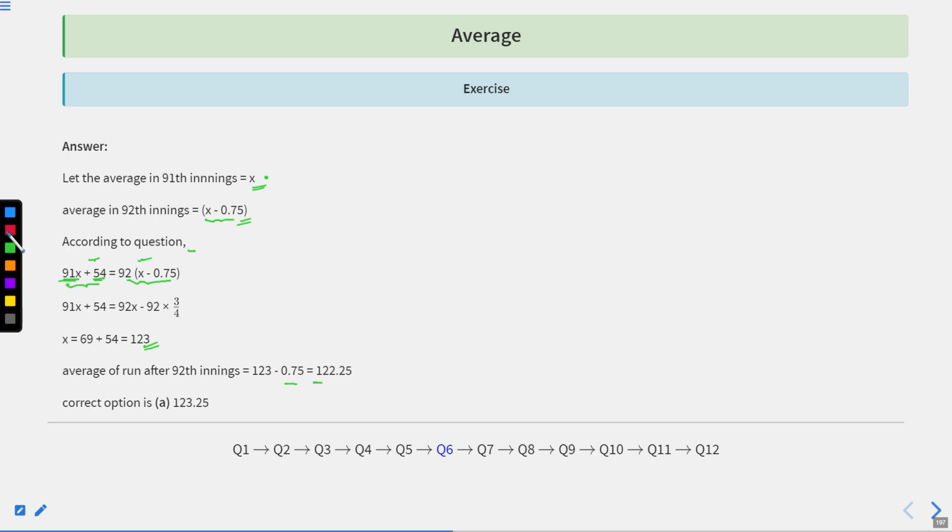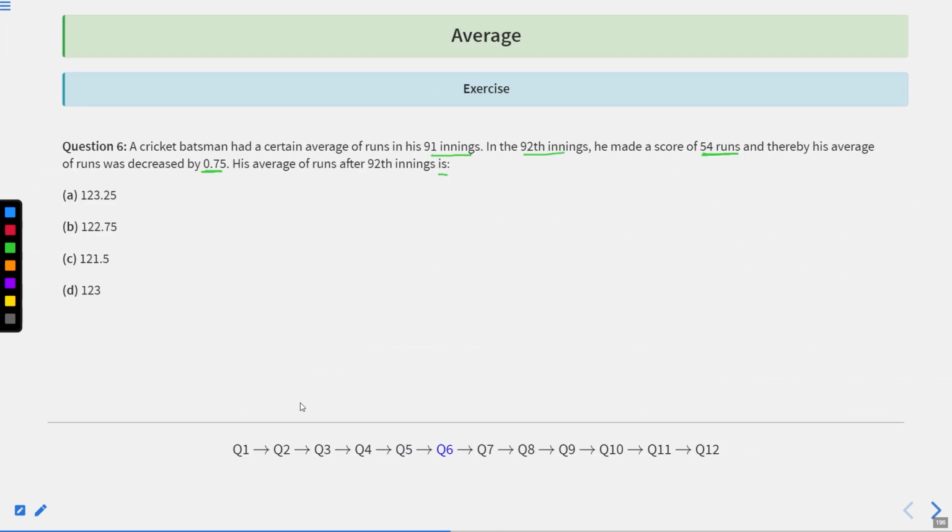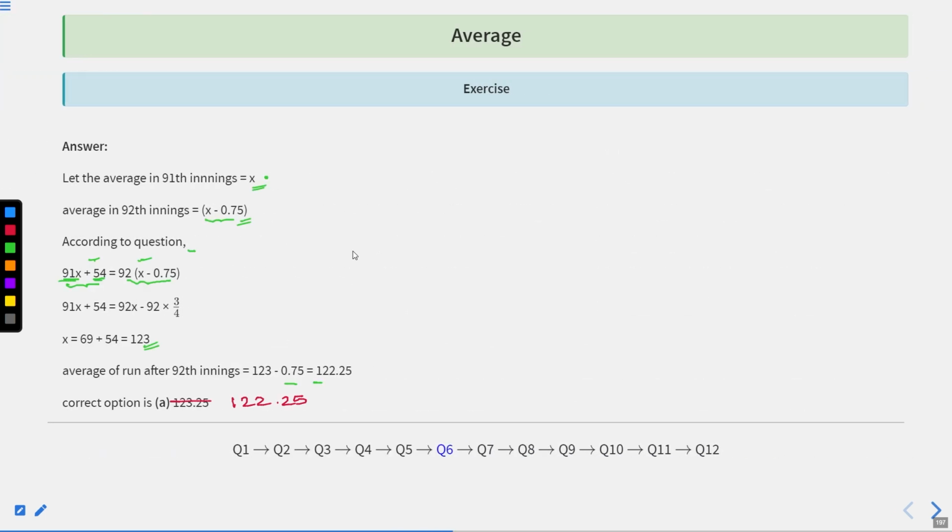So the correct option here will be 122.25. So that will be option number... okay, so it should be option number A. Here it should be 122.25. Okay, so option number A is correct.